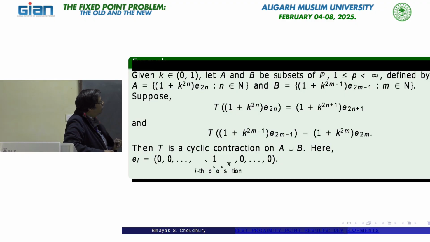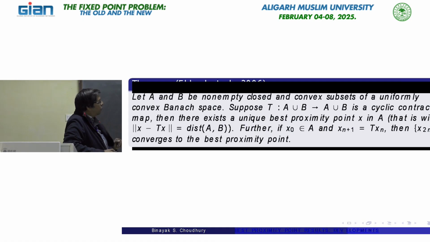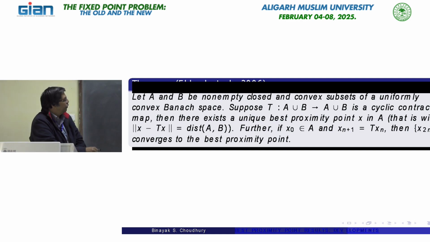But uniform convexity of the Banach space will give you leverage. If you are working in the context of uniform convexity, then this is automatic, that you will have the required convergence to give you this result.